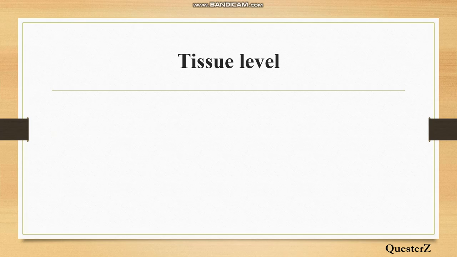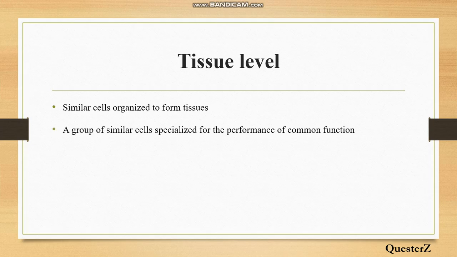Tissue level. Now when cells combine with each other, similar cells form tissues. The definition: a group of similar cells specialized for the performance of a common function is known as a tissue.